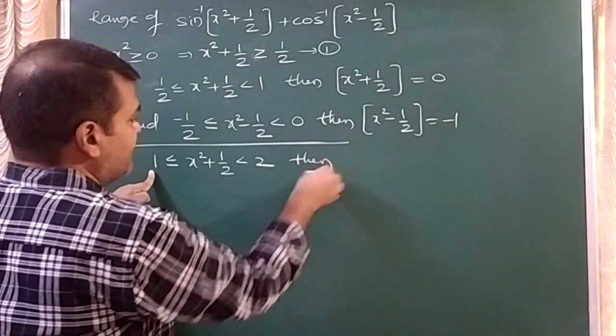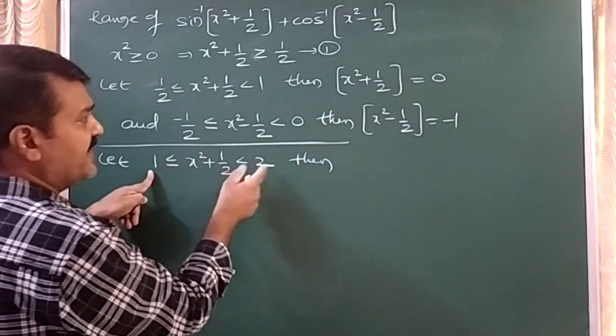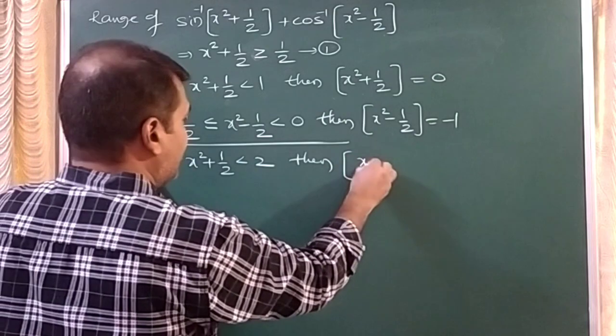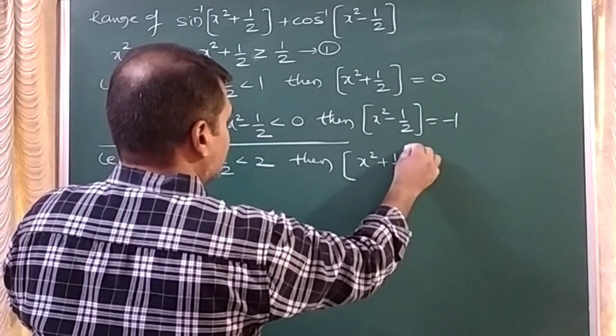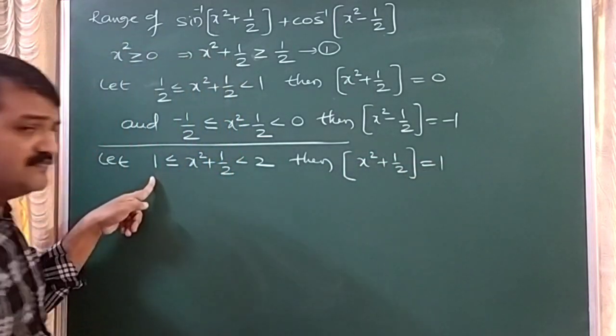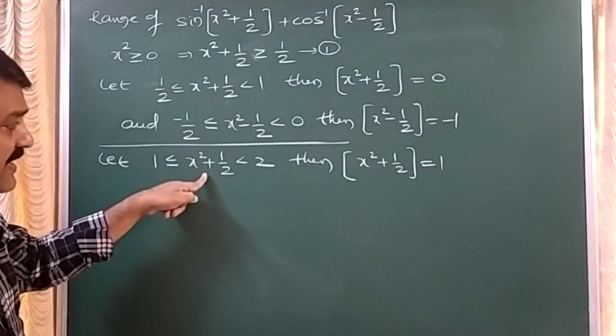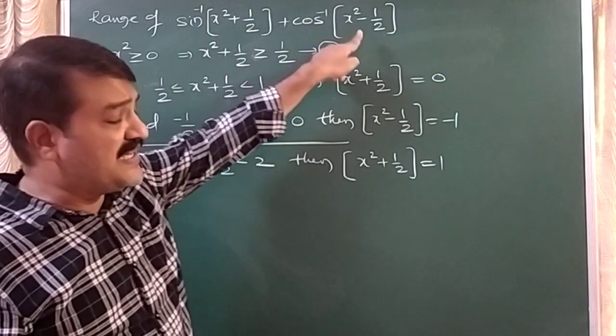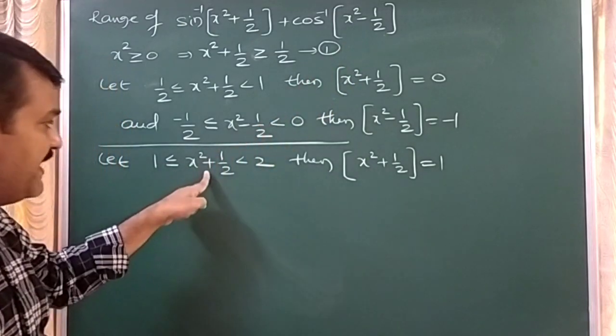Whenever x² + 1/2 is between 1 and 2, what is the step value? The step value is 1. Now for the same interval, let us find the other value.